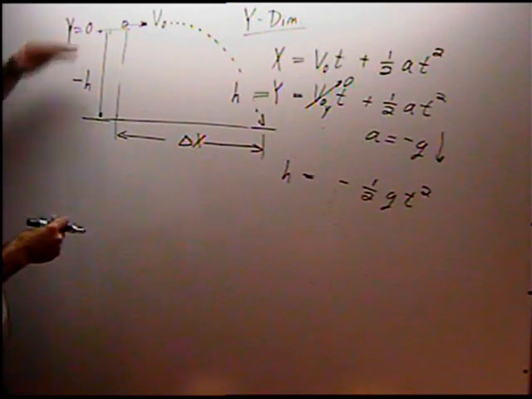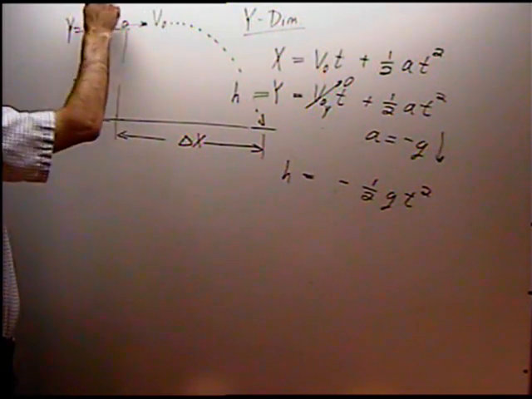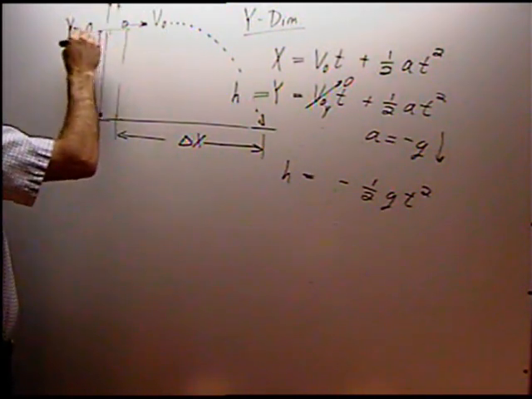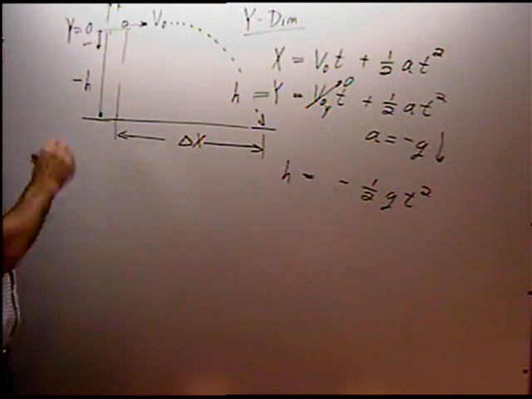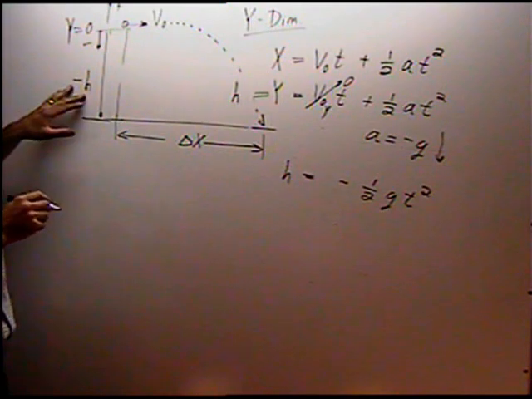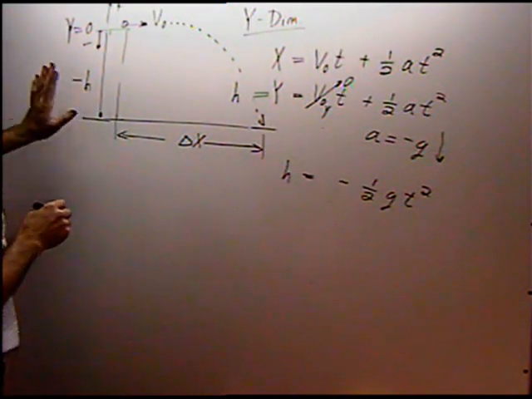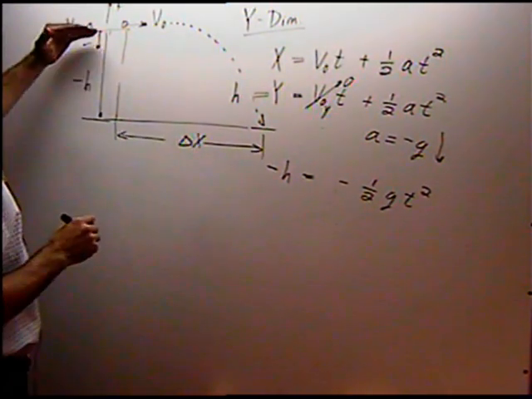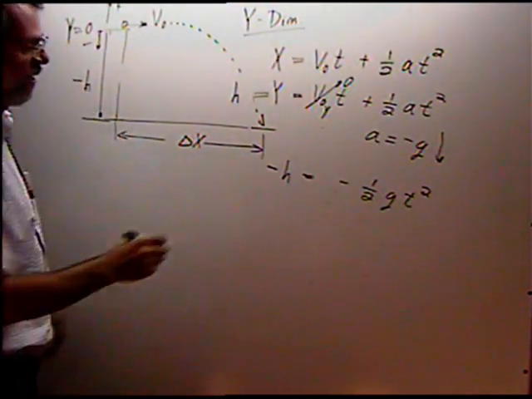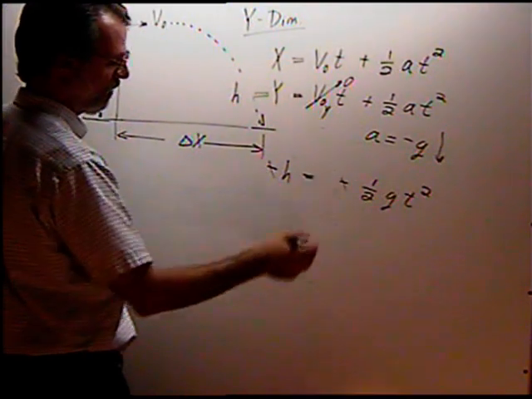Okay? It's going to be a negative number. Up is positive, down is negative. So the h is really a negative number. We're going to say negative h. So I can come in here and say there's a negative sign in front of h because it's down below our initial datum. Notice that the two negative signs cancel out.